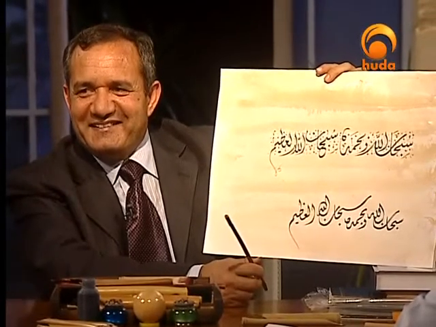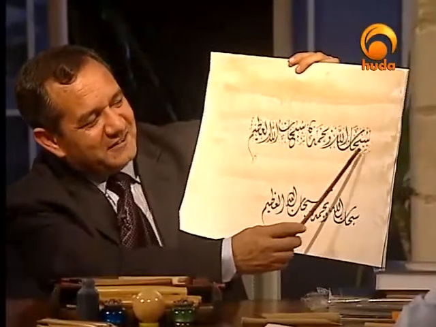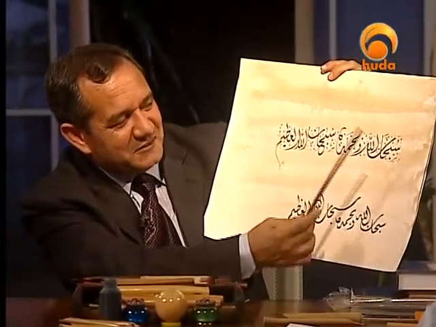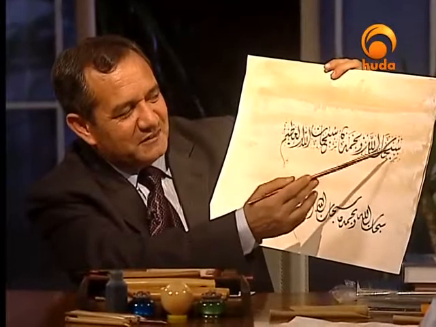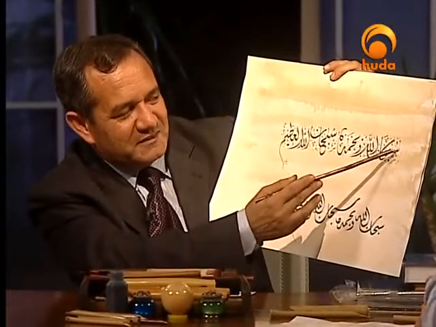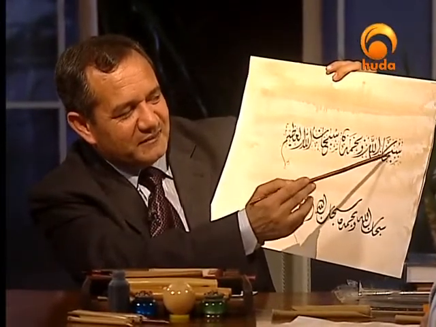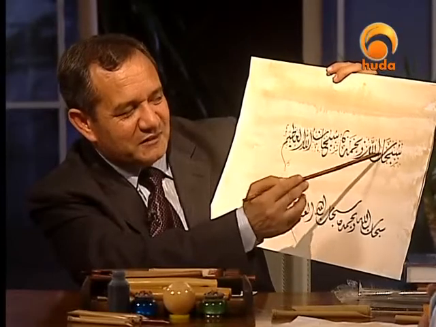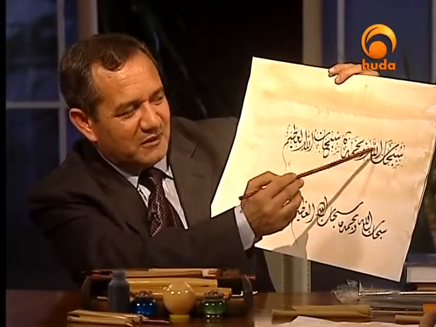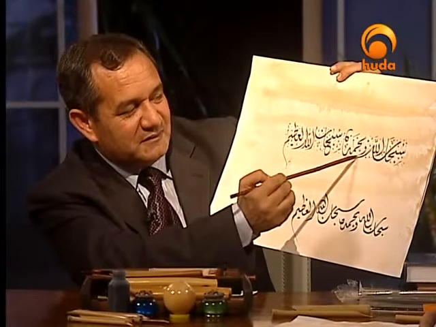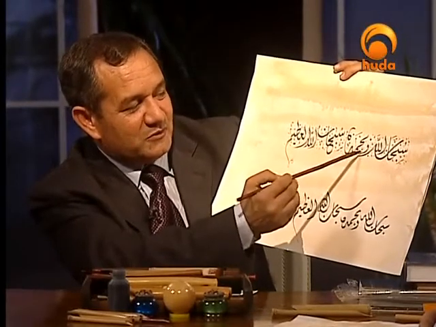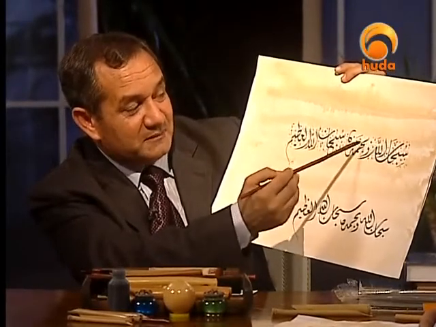But there is some improvement. Yeah, but here you wrote very, very nice shapes of the letters, all of them actually, Sin and Ba with Ha. It's very nice. Noon here, name of God subhanahu wa ta'ala, it's very, very great. You see here Waw also, it's really wow, nice.